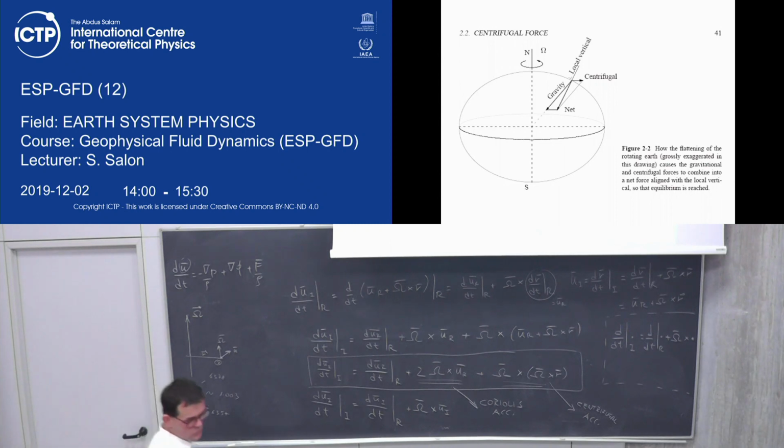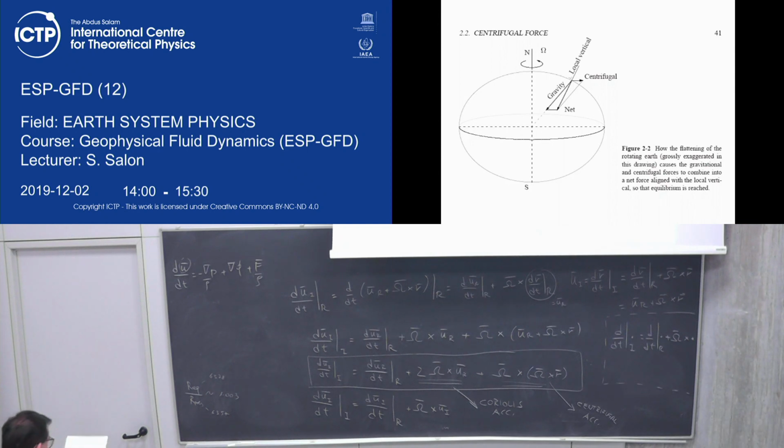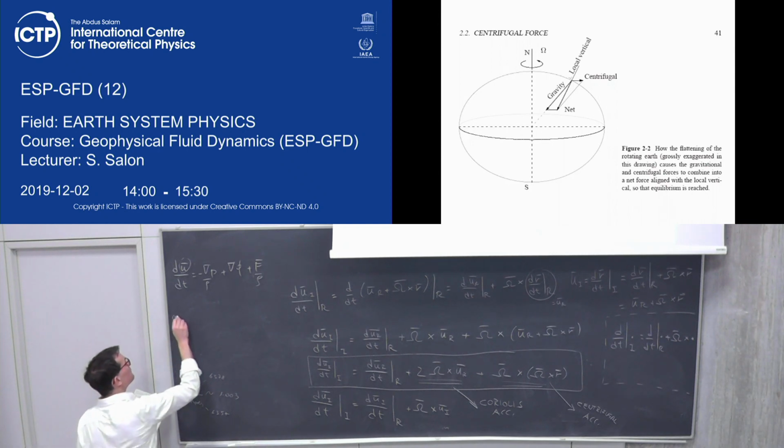So if we want to have the idea of how much is the ratio between the centrifugal force and the gravity force, the centrifugal over the gravity.